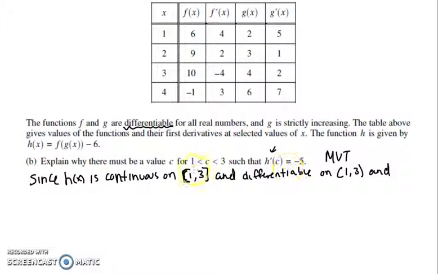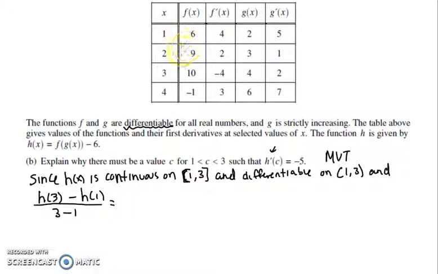And so we laid the groundwork here. The two conditions are met. We're continuous, we're differentiable. Now we need to show the average rate of change. So we're going to say that h of 3 minus h of 1 over 3 minus 1 is equal to, so h of 3 is f of g of 3 minus 6.